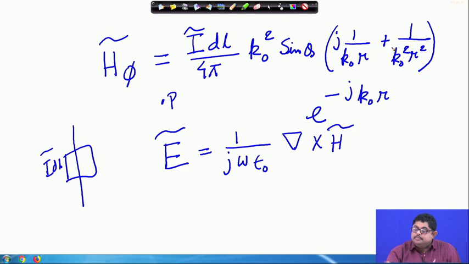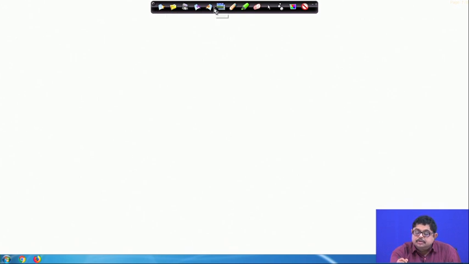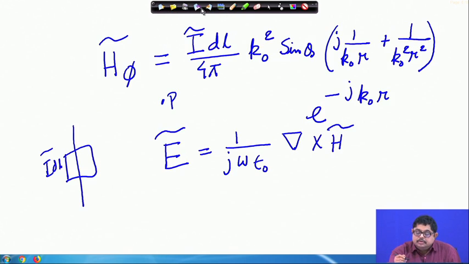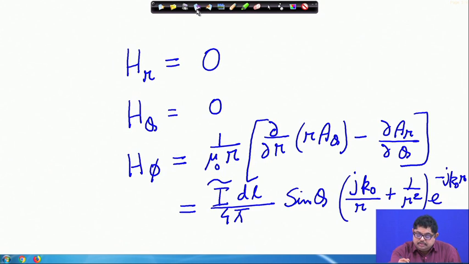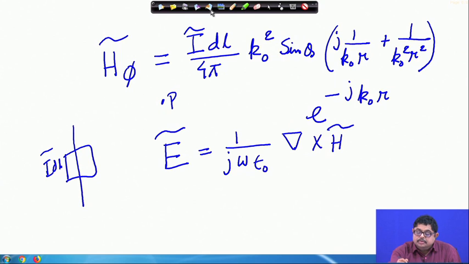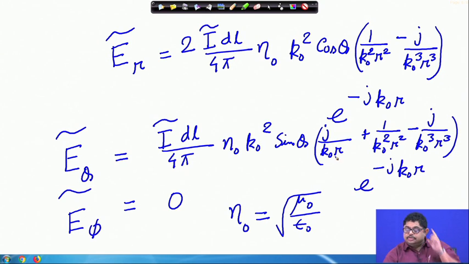Instead of writing it as 1 by r, we have k naught r whole square, and then here also k naught r whole square, k naught r whole cube. We have a specific purpose for this that I will explain later, but what is this k naught r?